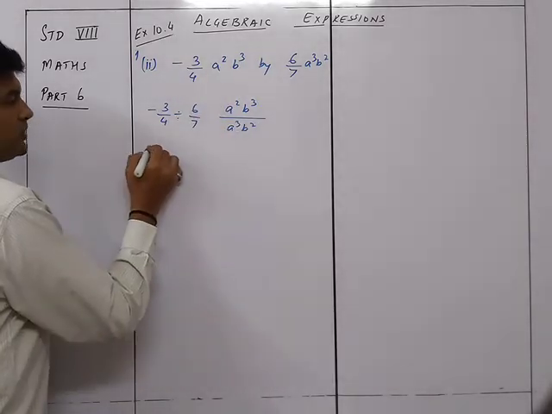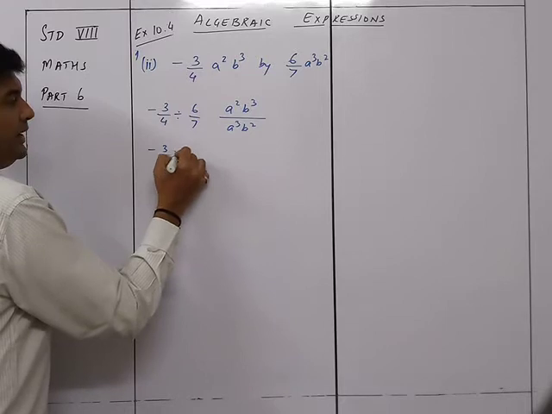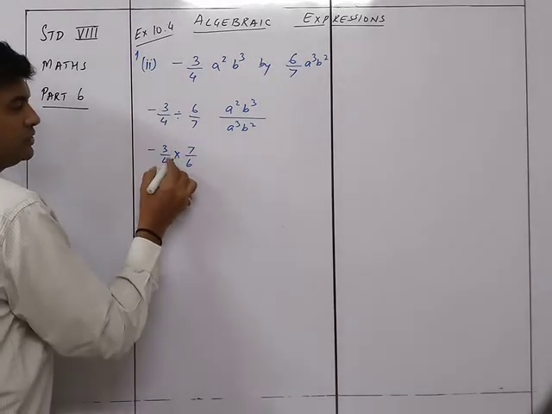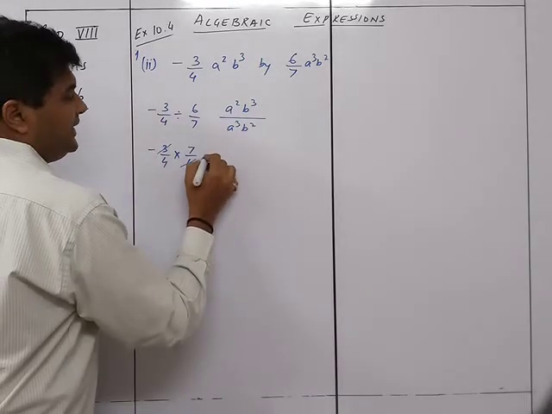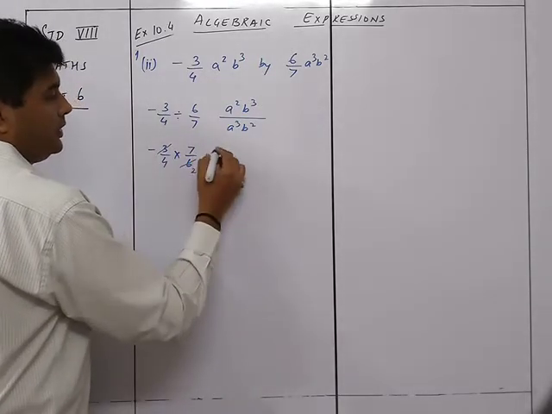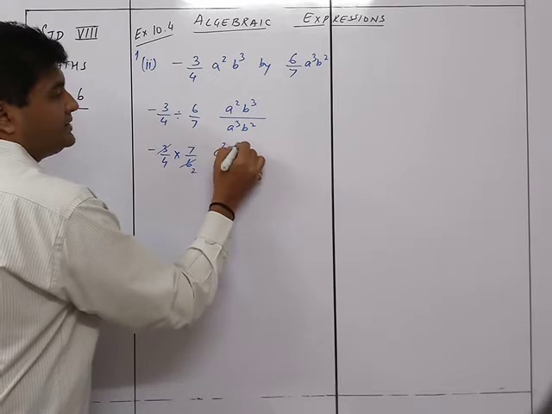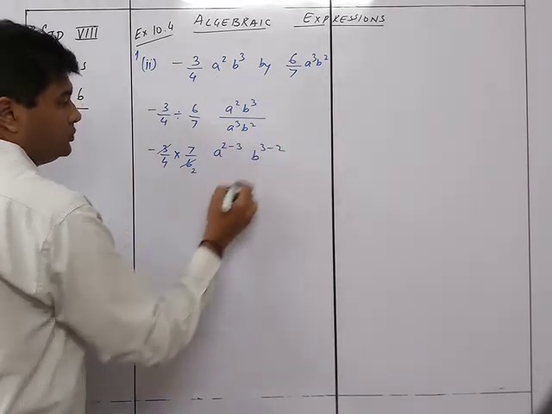Division will be reciprocal, so it will be minus 3 upon 4 into 7 upon 6. So you can do the cancellations here. And here you can see it will be a to the power 2 minus 3 into b to the power 3 minus 2.